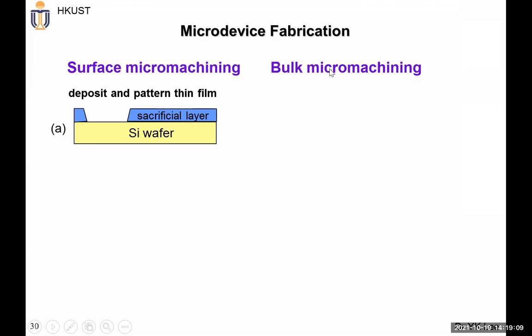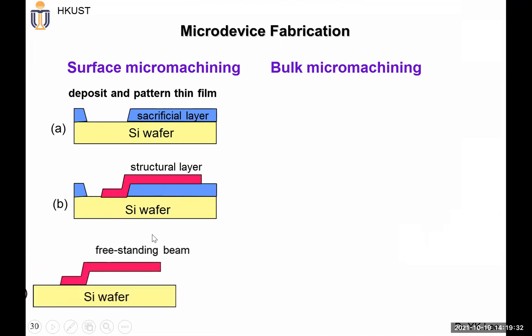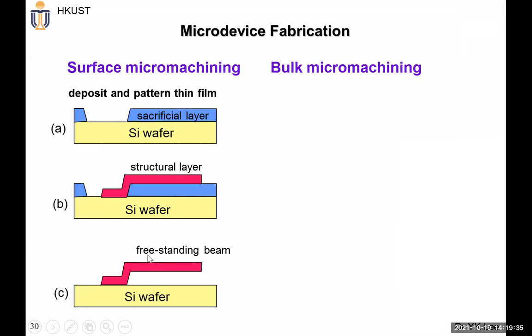For example, in surface micromachining, we have a wafer and then do some coating on the surface layer and then patterning. Then you can remove this layer and deposit one more layer, a structure layer. In this case, if you release this material, then it becomes what? A suspended, freestanding structure. That is one of the quite important things for micromachines, right?